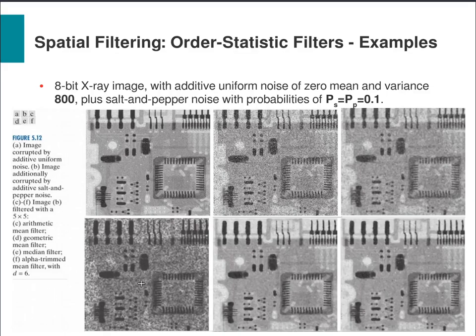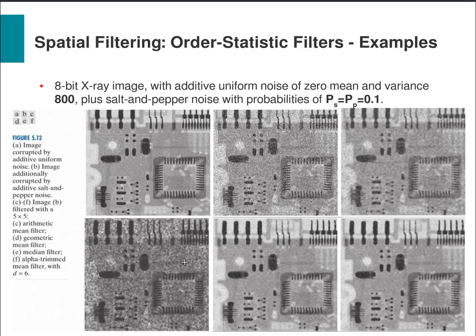On the bottom left you see the result of the geometric mean filter, which as you can see, because you have pepper noise, the image is much darker. If you remember, in the equation for the geometric mean filter you had to calculate the multiplications of the pixels or the intensities inside the neighborhood.